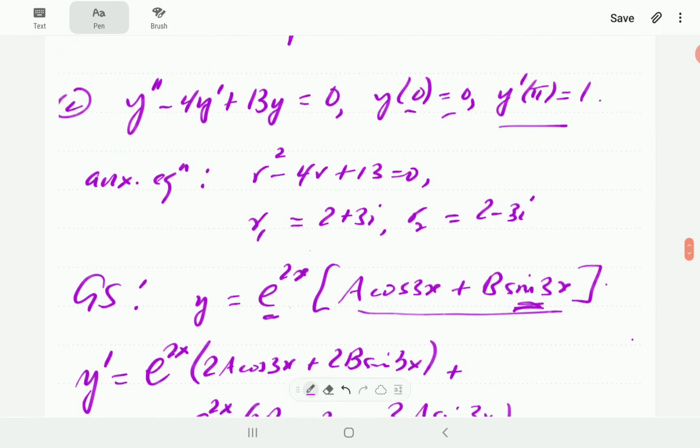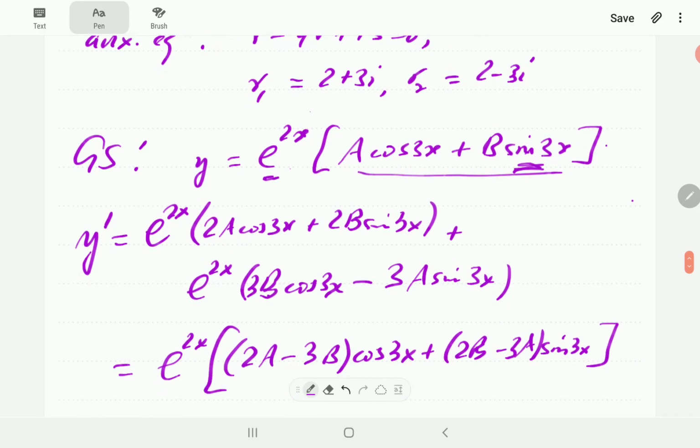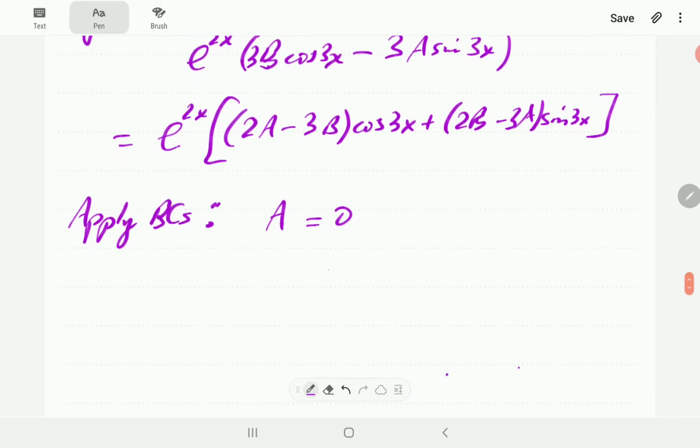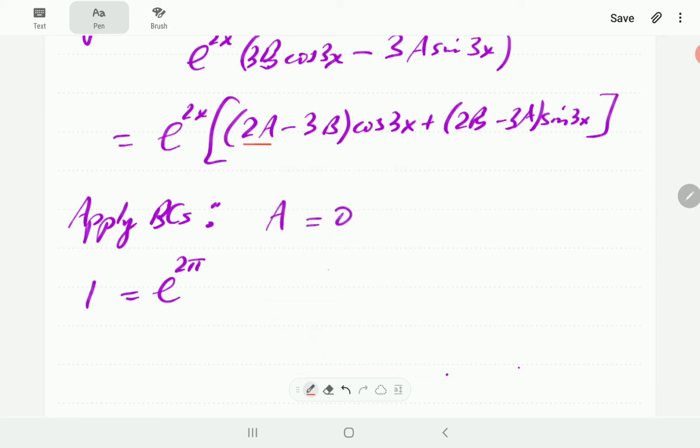The second condition says when x is pi, y prime is 1. So we're going to have 1 equal to e to the 2 pi times... Now remember a is already 0, so this is 0 here and this is 0 there.